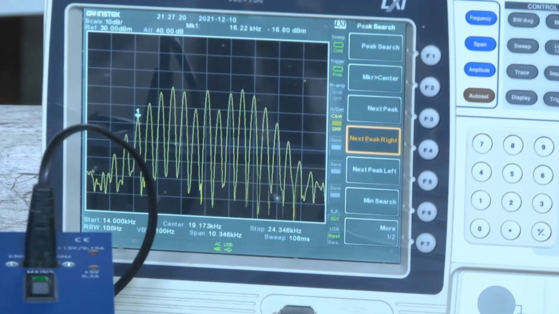It means if this value is lesser than minus 20, that means minus 30, minus 40, or some such value, it is considered as noise.